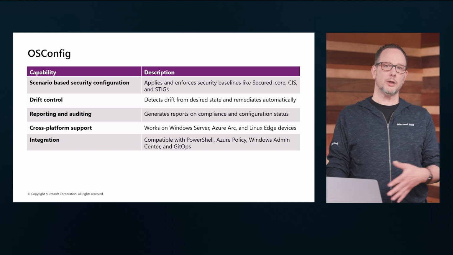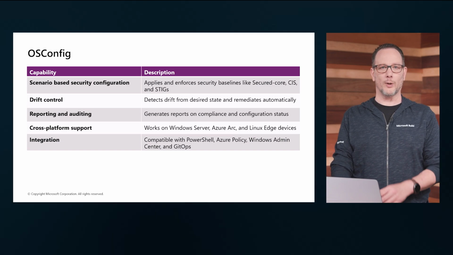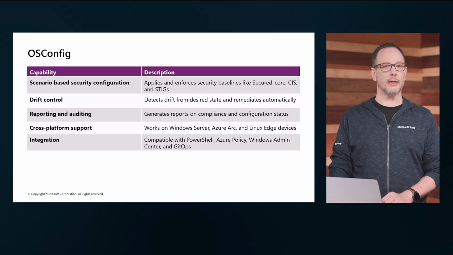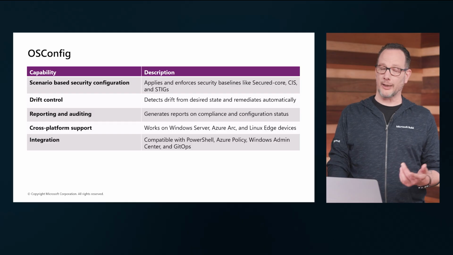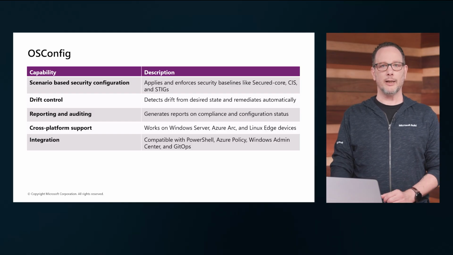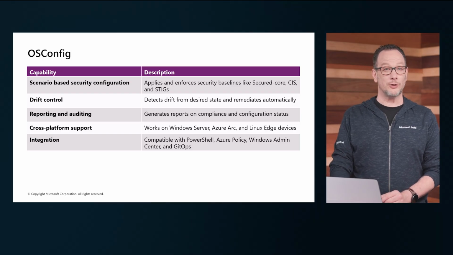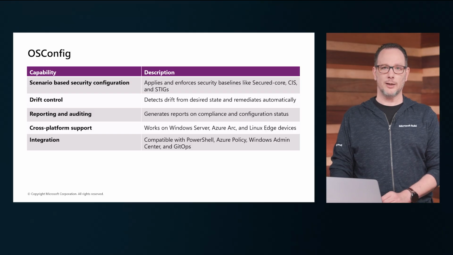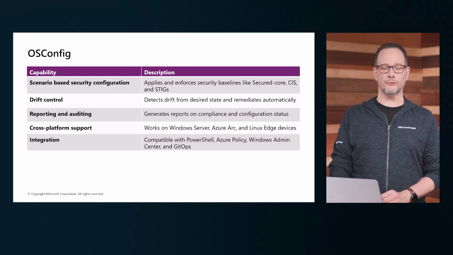But then at some point, you might lose a little bit of that overall view on what is the configuration of my servers like, and actually finding out that one server might be fully patched, might be fully up to date, might have specific settings where you could assume that all your web servers in this example should have the same settings, but then finding out that that's not actually the case. So that's another benefit out of that OS config tool.